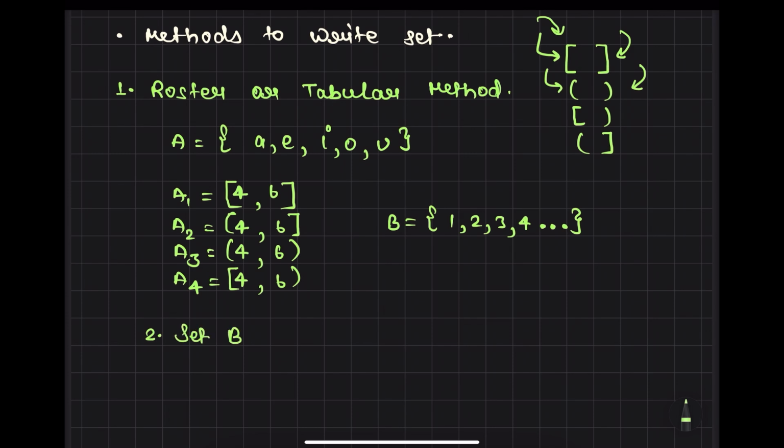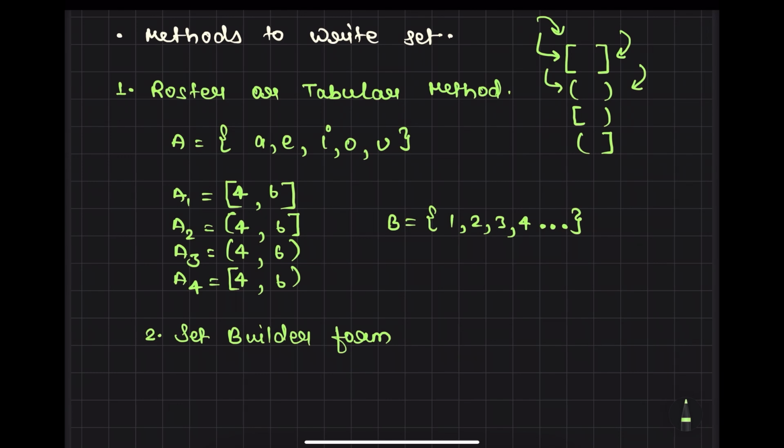Okay. Now the second thing is set builder form. So what is this set builder form? In this form, you have to use a definition. Instead of writing those distinct elements, we use a definition.